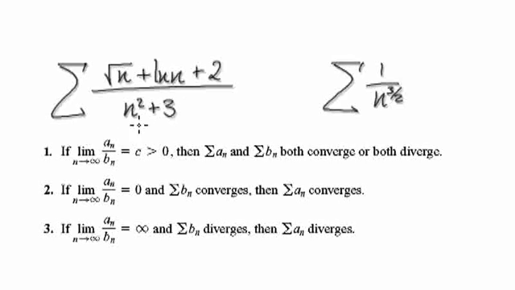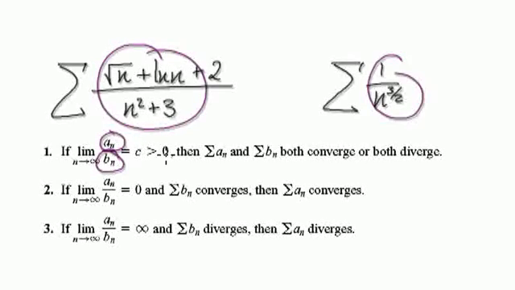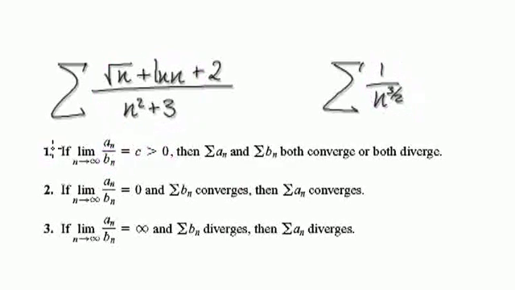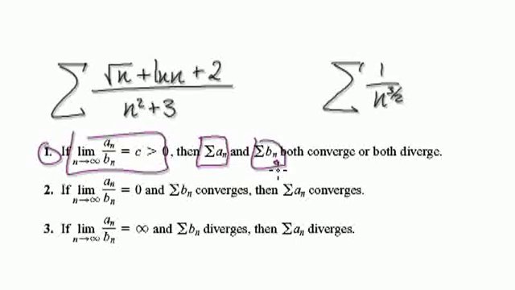So when we take a_n divided by b_n, it gave us a limit of 1. So we should consider case 1 here. It gave us a limit of 1, and 1 is bigger than 0. Now what the theorem is saying is that, because this has been satisfied, if b_n converges, then this will converge.